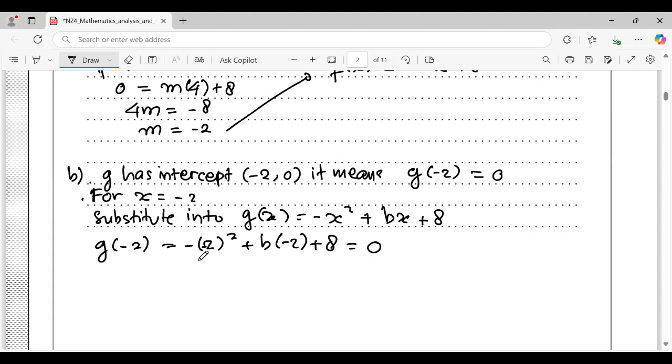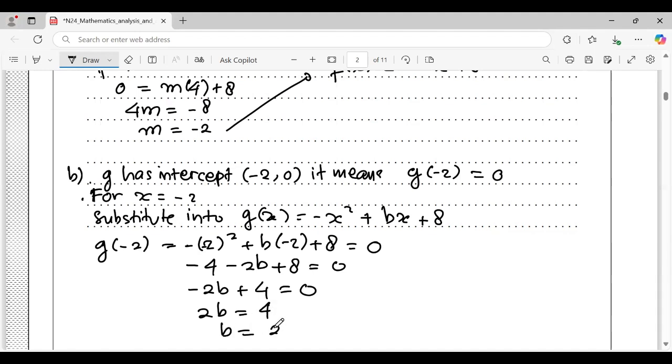This is minus 4 minus 2b plus 8 equals 0. So minus 2b plus 4 equals 0. It means 2b equals 4, b equals 2.